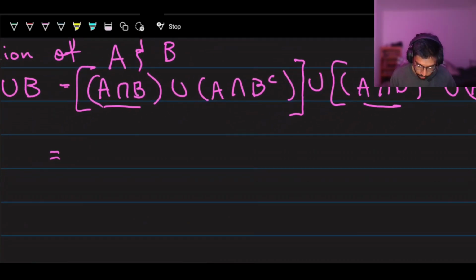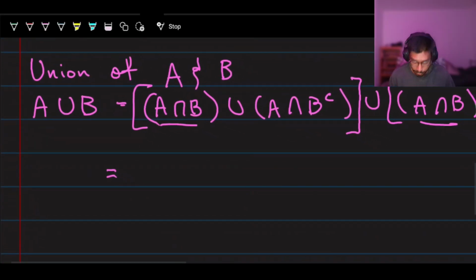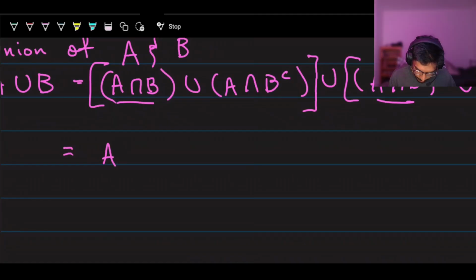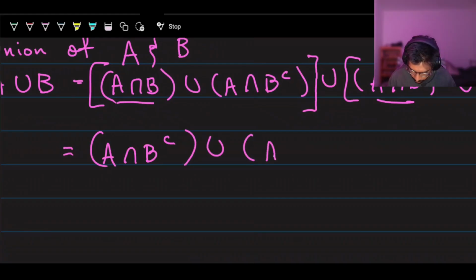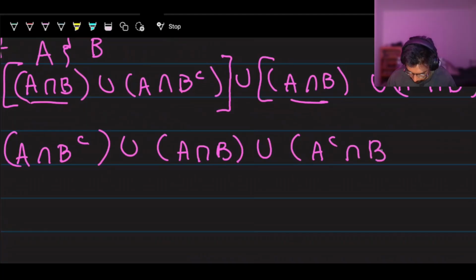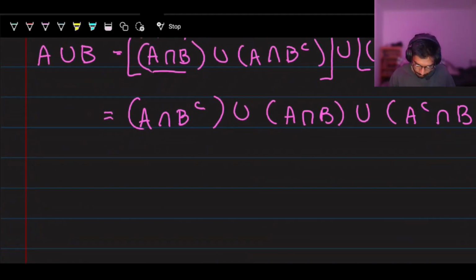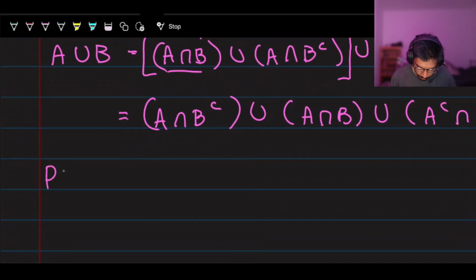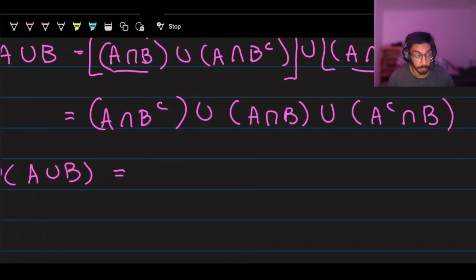So our three partitions that we get for A union B are A intersect B complement union A intersect B union A complement intersect B. And moving this into the probability space, we have the probability of A union B equals the sum of the probability of the events in the disjoint sets, whether they occur or not.